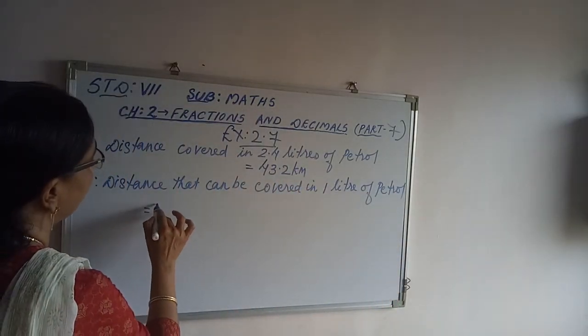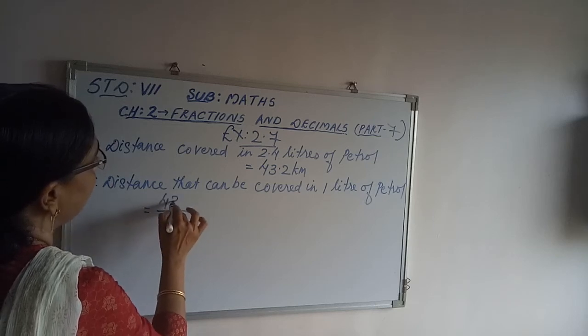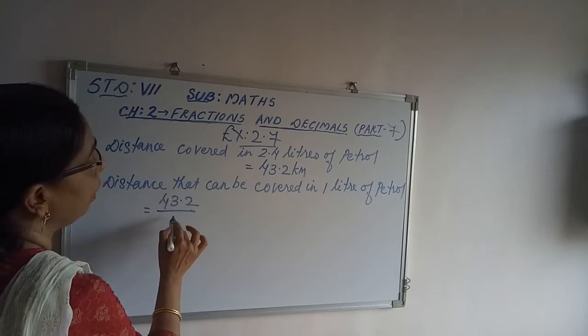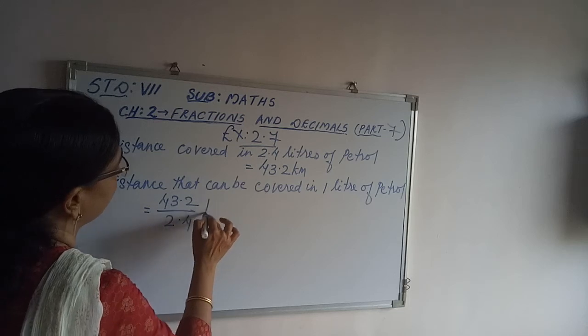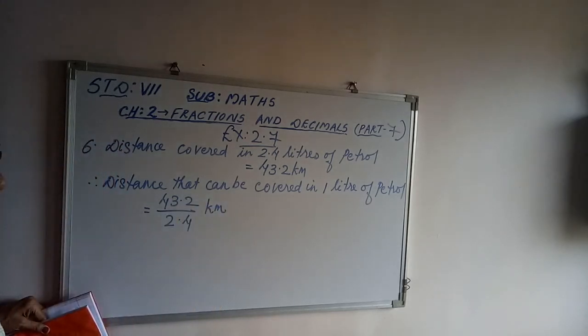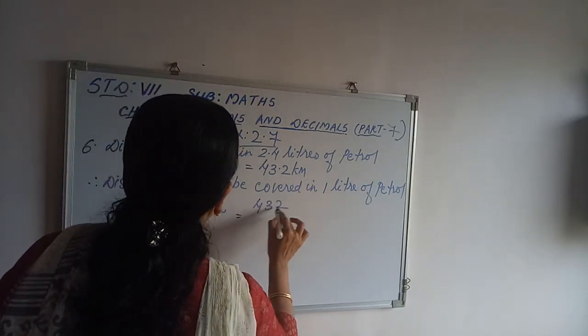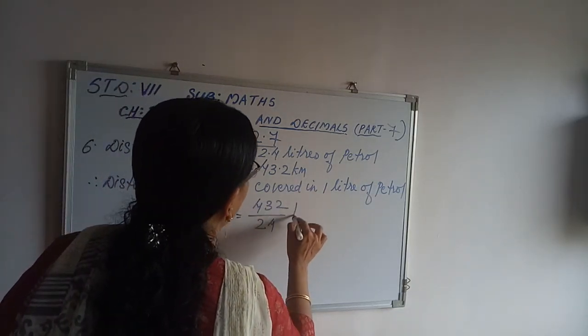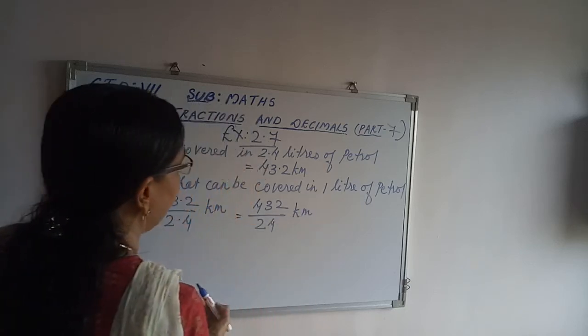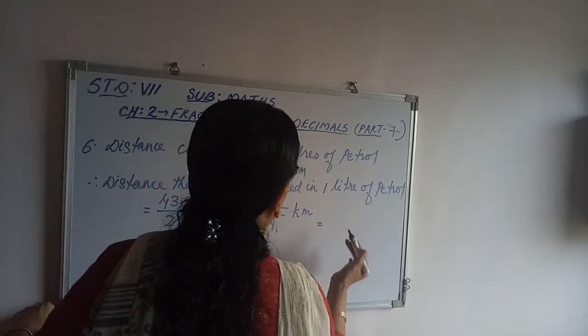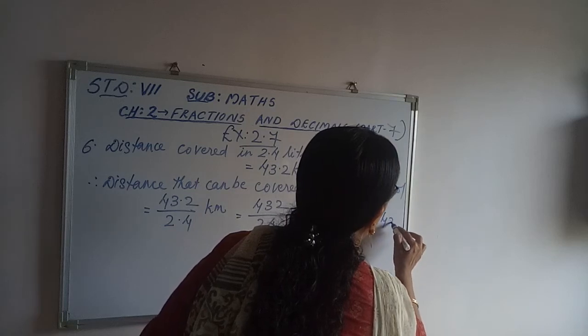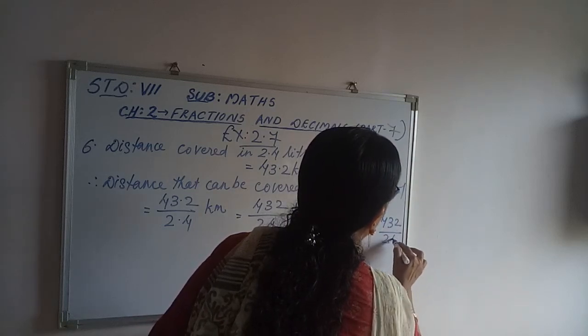That's equal to 43.2 upon 2.4. Isn't it? Decimal places remain equal. So we can write 432 divided by 24 kilometer. Find out the answer. That's equal to 432 divided by 24.